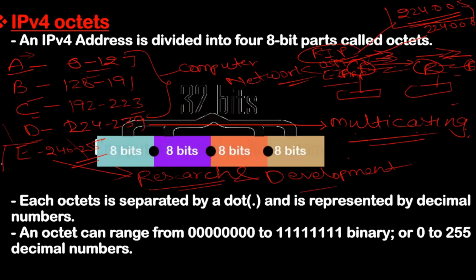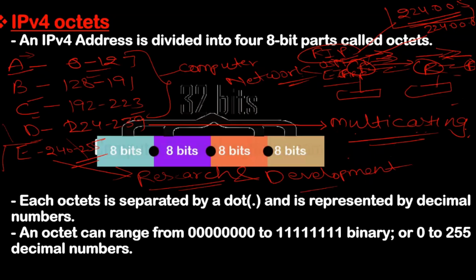Research and development means IANA reserves this type of IP for when any technology is invented, that time this type of IP address will be reserved for that type of devices. Like suppose 5G is invented, right? If 6G will be invented, that time scientists have to use some IP to create that type of devices, the 6G device or some other applications. So that time they will use this class E IP. The range is 240 to 255.